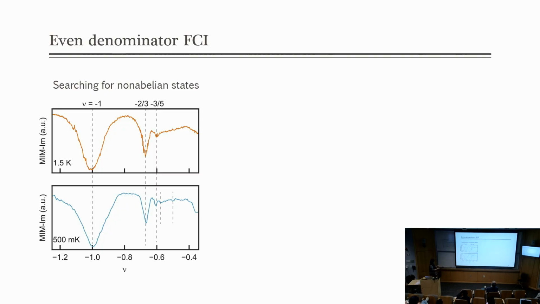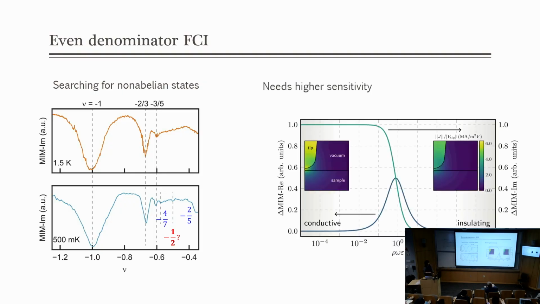So we are not able to conclude what that is yet, but at least nu equals -4/7 was very apparent. And also it seems like nu equals -2/5 could also be there. So actually this shows a pretty good particle-hole symmetry across nu equals -1/2 for some reason. We're still digging into that.